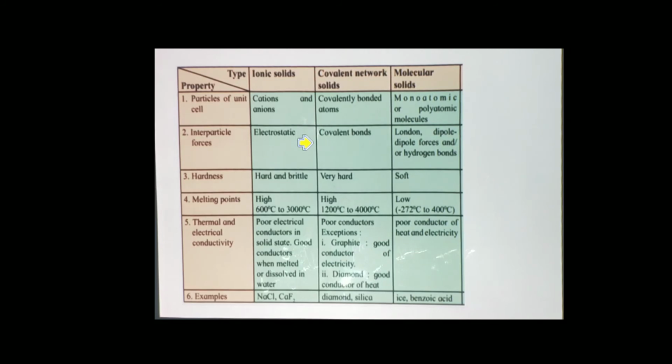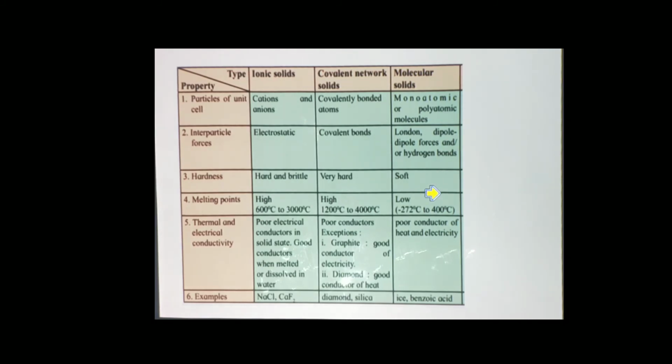Now these forces, the London forces or dipole-dipole forces or even hydrogen bond, are not strong as compared to ionic solid or covalent network solid. The hardness of these molecular solids is soft.